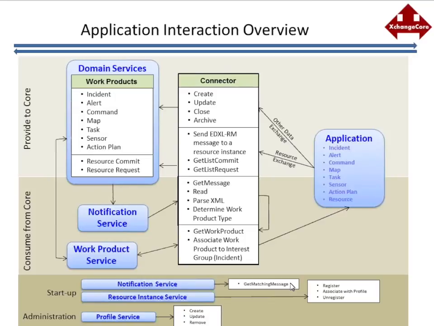They can get various lists. They can get messages. They can read messages. They can parse XML, and they can determine work product types. They can get associated work products, to find out what is associated with an incident. This is part of that filtering. So all of that can be configured to meet the needs of your application.